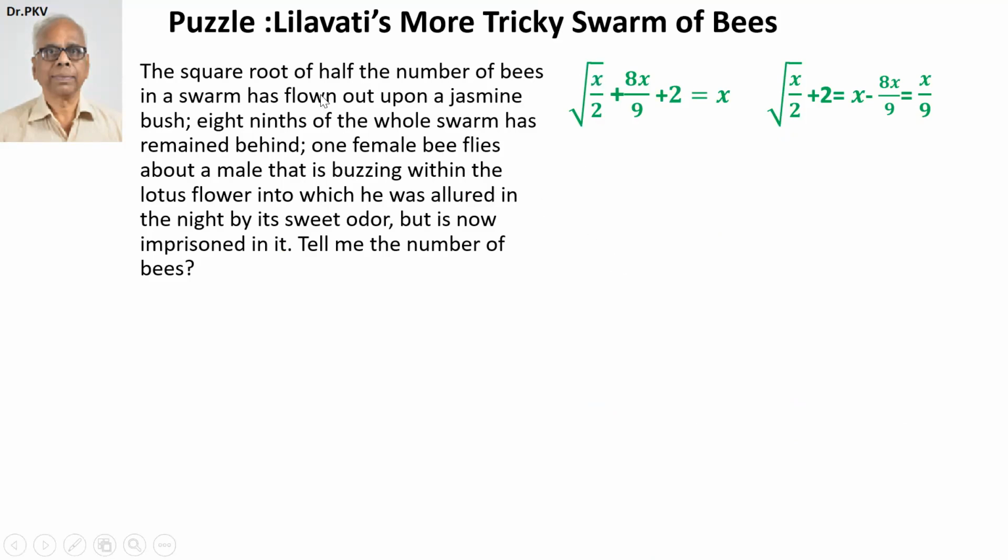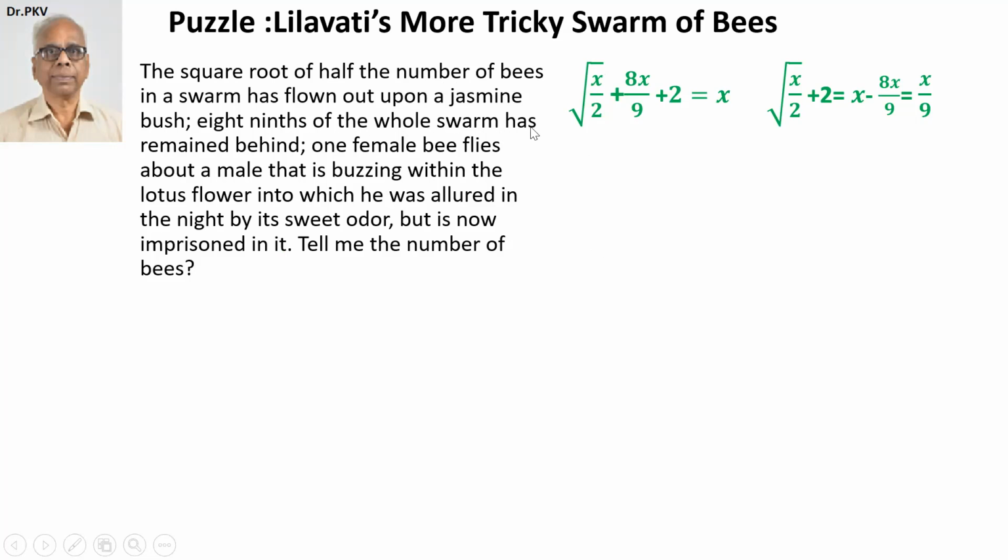The square root of half the number of bees, that means X by 2 under root, has flown out upon a jasmine. So root of X by 2, the entire square root, represents this part.